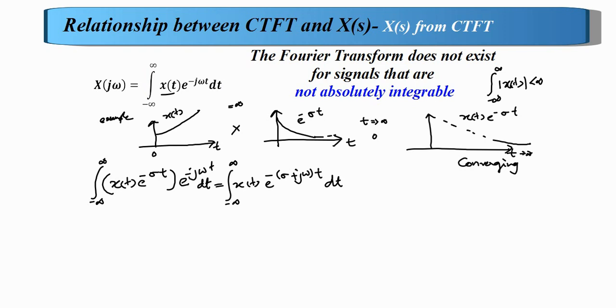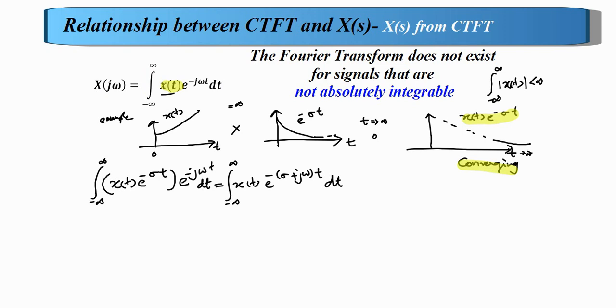In place of this x of t, I am writing a new signal, which is the product of the signal x of t and e raised to minus sigma t. So the resultant signal is converging, and now we got a new equation or a new Fourier transform.